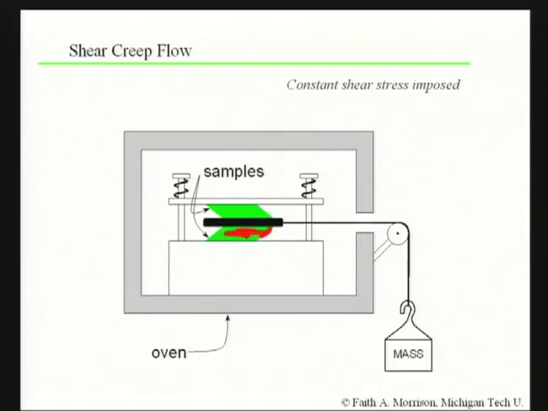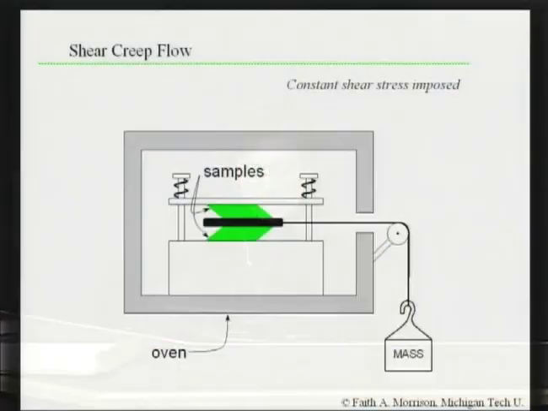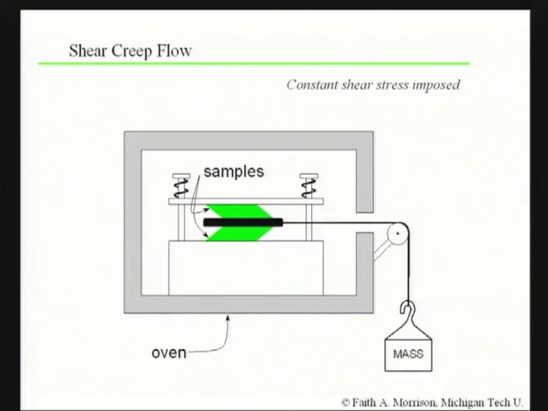So right here in green, there are two samples, each of which is experiencing this kind of a shearing flow where the one side is moving and the other side isn't. So on the bottom sample, it's the top that's moving, and on the top sample, it's the bottom. And what's being driven is, instead of this top plate being driven at a constant speed, it's being pulled by gravity. Whatever the weight of this mass is, it's being pulled by a constant stress.